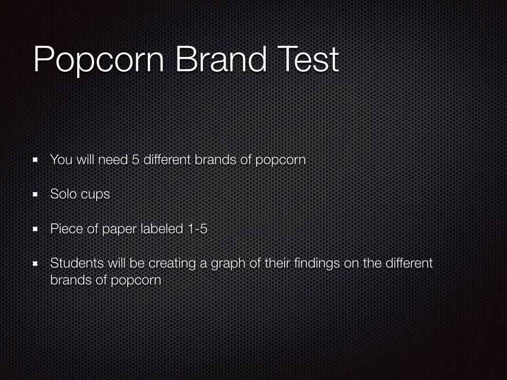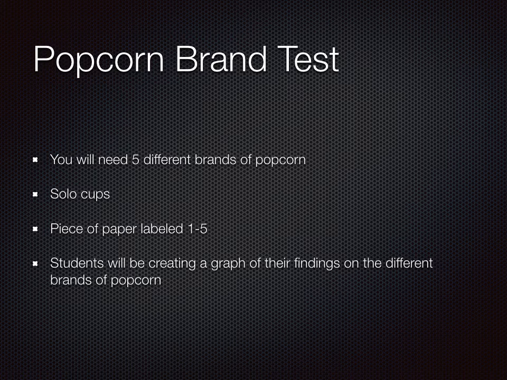I did not give them the answers until we went through all 5 brands of popcorn. Once all 5 brands were done, we had a time where the students were able to change their guesses. If they thought, oh, maybe this one was this one or this one was that one, they were able to change it.